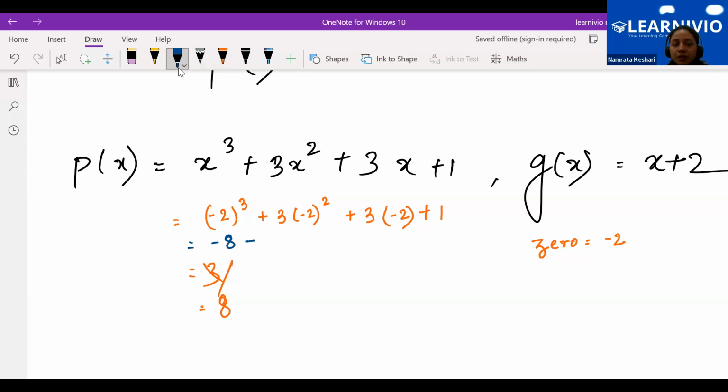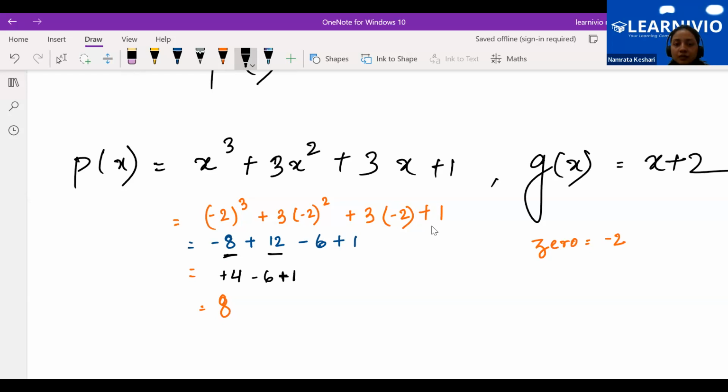-8 plus 3 into 4, 12, plus -6 plus 1. -8 plus 12, -6 plus 1. 4 minus 6, -2.